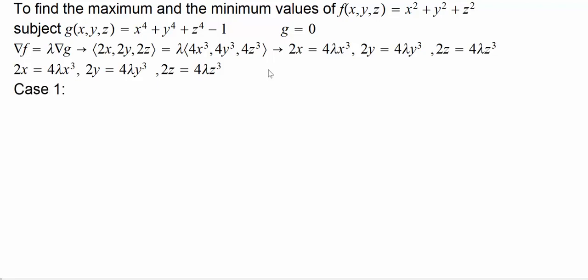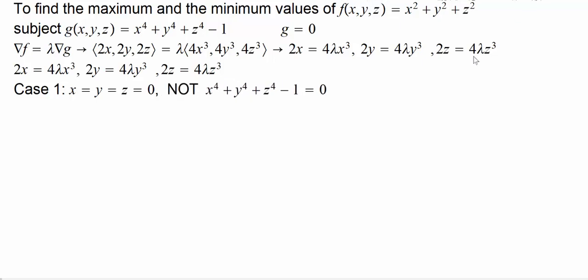So notice first that we cannot have each of x, y, and z equal to 0. Why? Because our condition is that this has to be 0, which is not possible if all these are 0. So it is not possible.